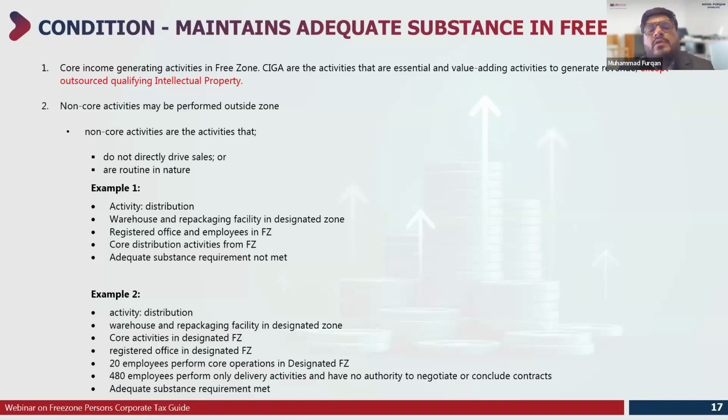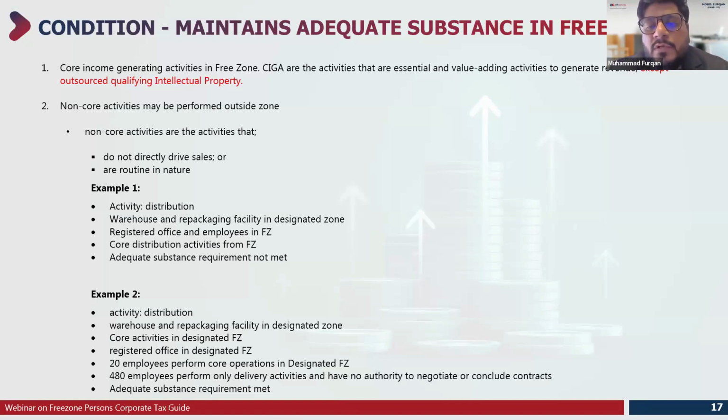Now, what are the core income generating activities? Core income generating activities are the activities that are essential and value adding activities to generate revenue. All these core income generating activities need to be done within the free zone, or if the activities are distribution activities, then they need to be within the designated free zone.